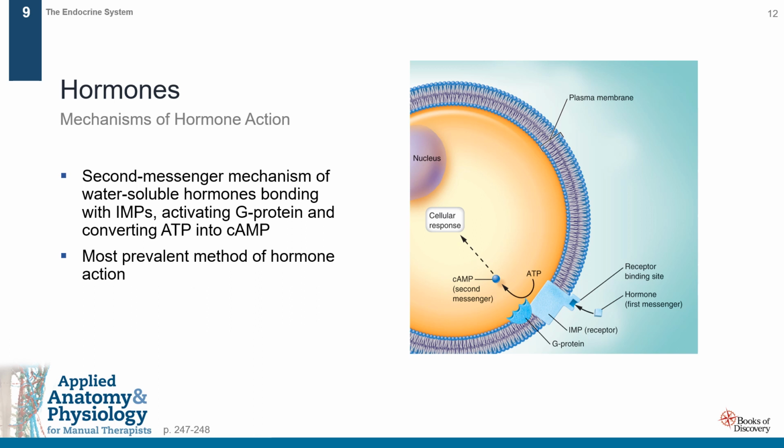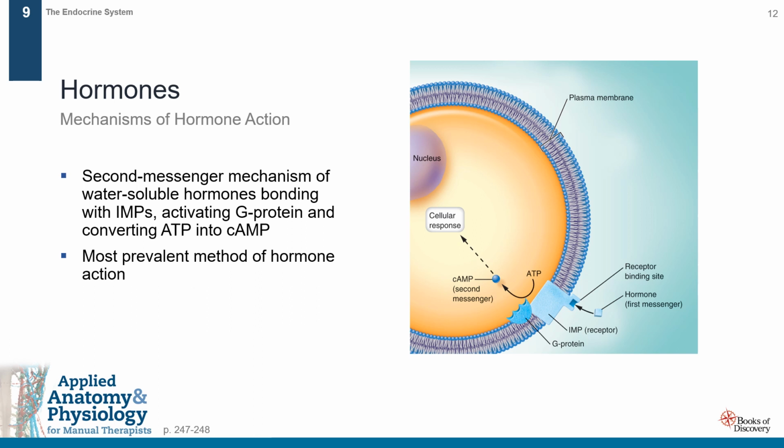While water-soluble hormones are easily transported through the blood, they cannot pass through the plasma membrane of target cells due to the phospholipid structure of the membrane. Instead, water-soluble hormones are recognized by receptors on the surface of the cell membrane called integral membrane proteins, IMPs, which bond with the hormone.